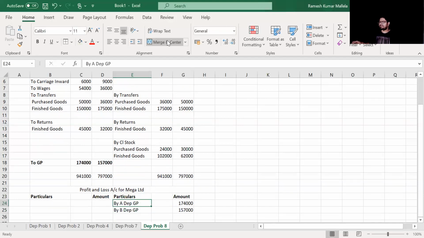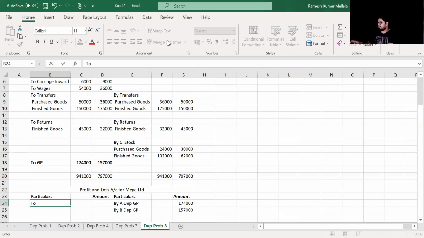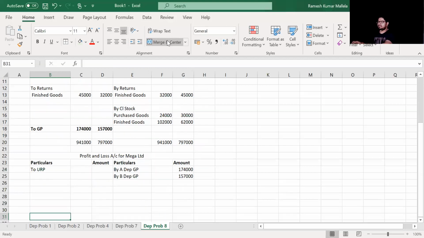Now from this, you are supposed to see if there are any common expenses by this company. He did not mention anything about your common expenses. Okay. So directly we can go ahead with providing for URP. Let us do some working to calculate the amount of unrealized profits.